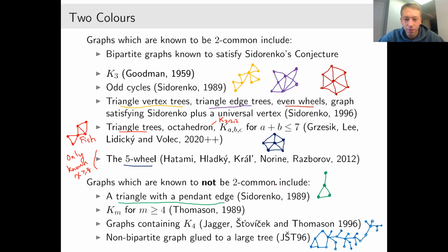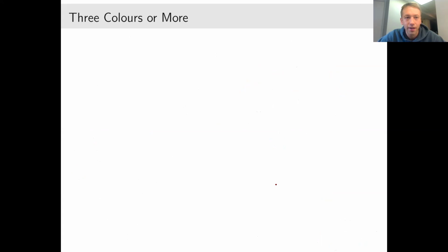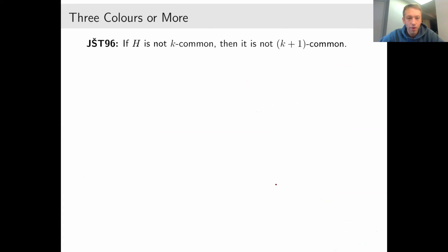If not, let's move on to the quite brief history of graphs which are k-common for k at least 3. One nice observation of Jagger, Šťovíček, and Thomason is that if a graph fails to be k-common for some k, then it also fails to be k plus 1 common.